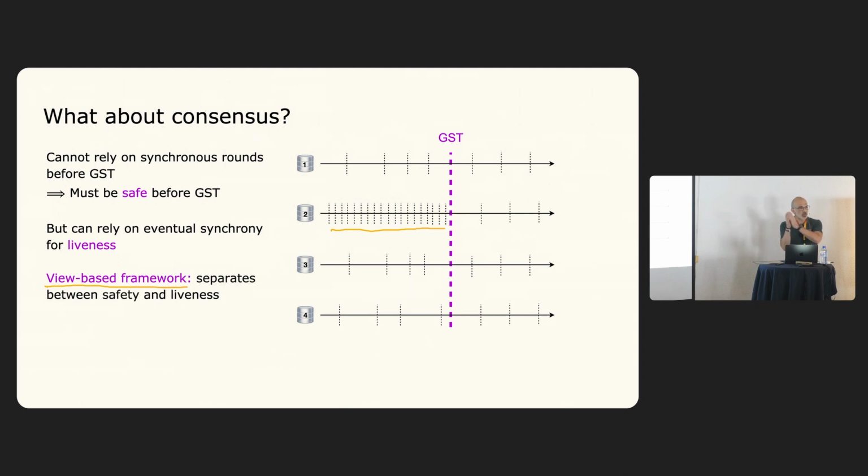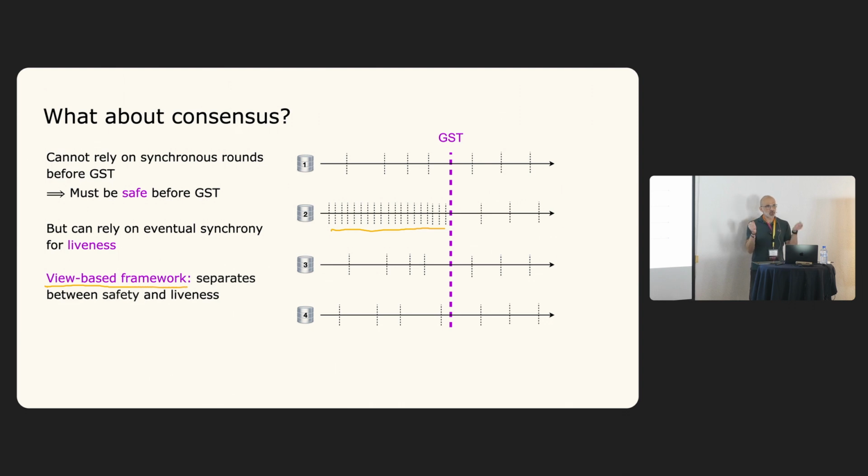Before the next view occurs, the process just needs to run a protocol which is asynchronous, a protocol that preserves safety even during asynchrony, and then they rely on the view synchronizer giving them the next view, in case they can't achieve progress in the current one.